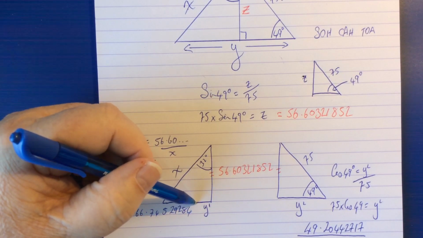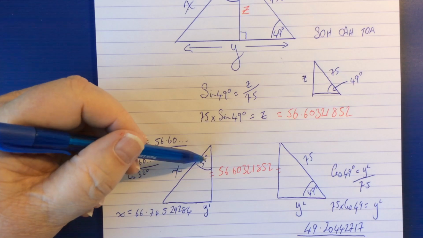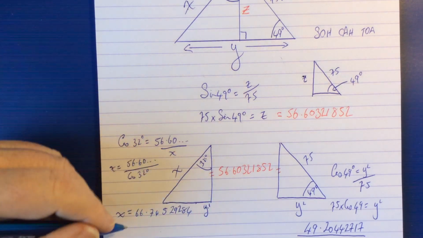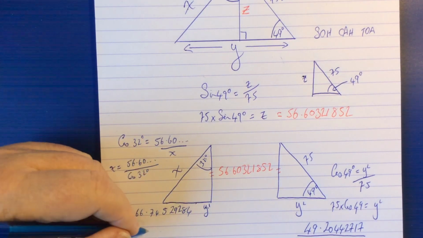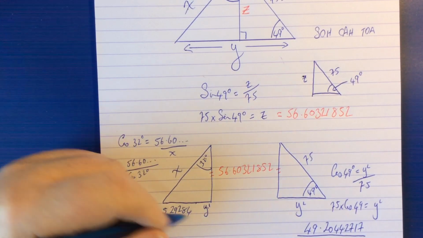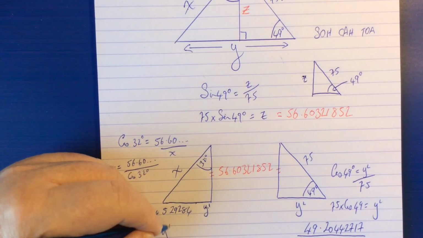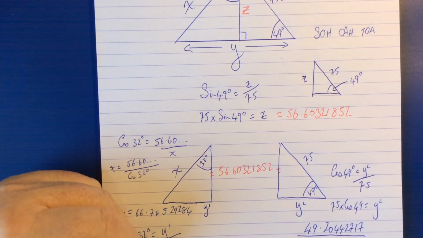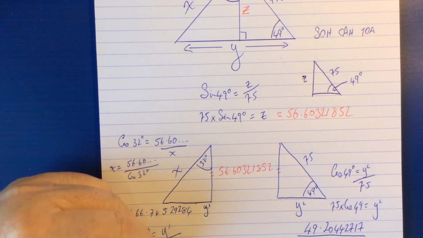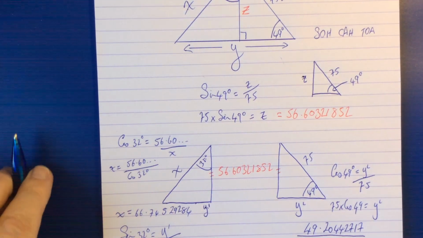y1, which is this, is the opposite of the angle here. So we are looking for a sine. The sine of 32 degrees is equal to y1 over x, which we know to be 66.7452984.